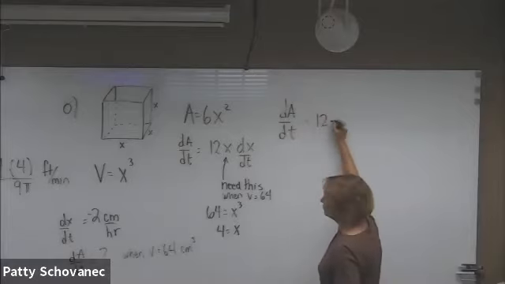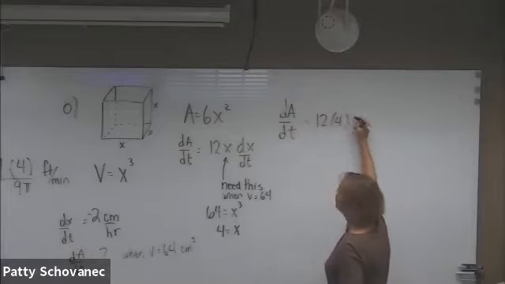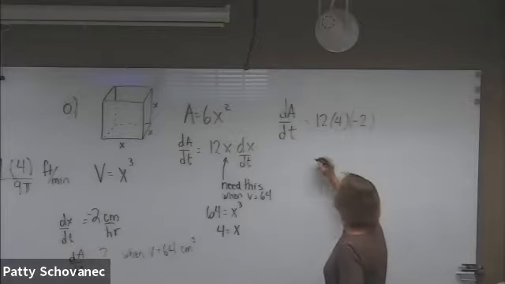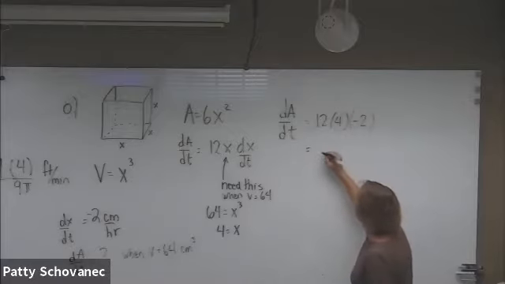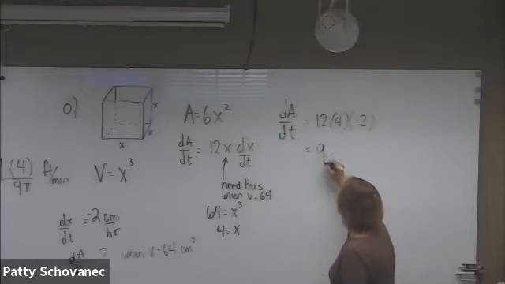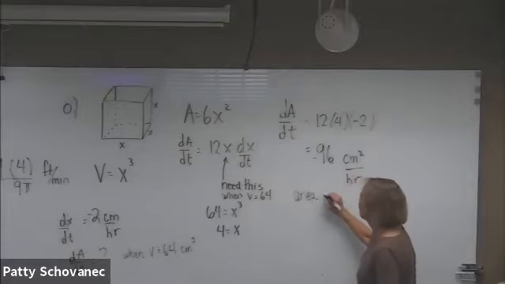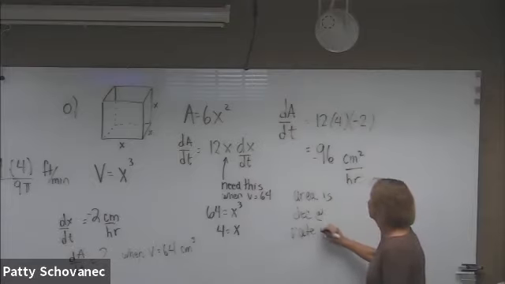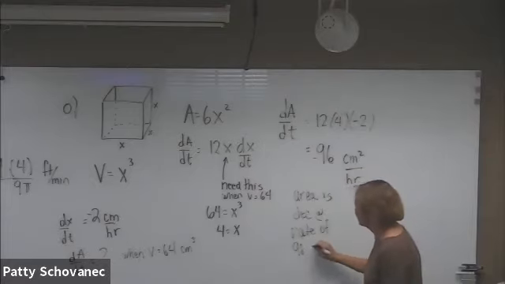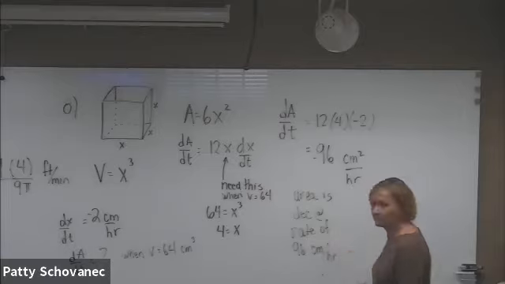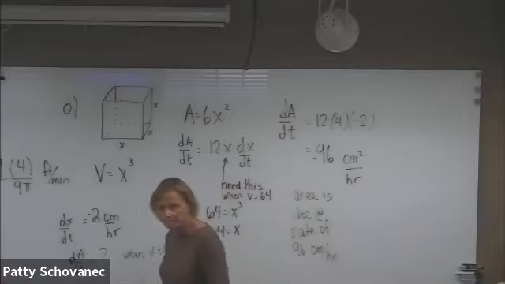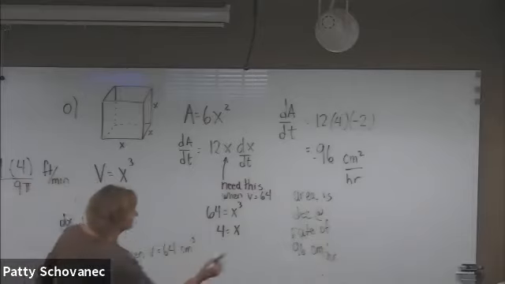So I have 12 times 4 times the negative 2 because it's decreasing. So 8 times 12, is that 96? And that's area, so that's going to be centimeters squared per hour. So the area is decreasing at a rate of 96 centimeters squared per hour.